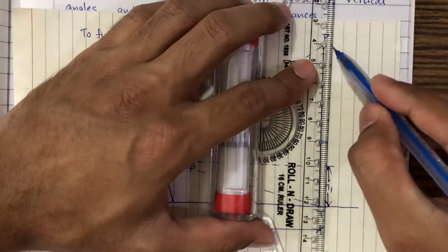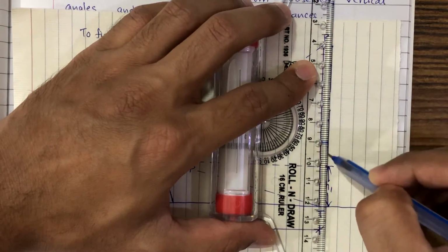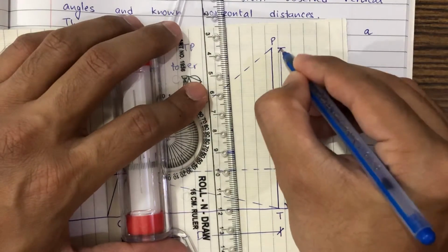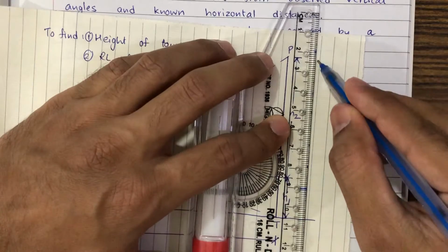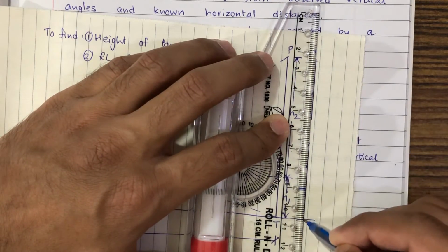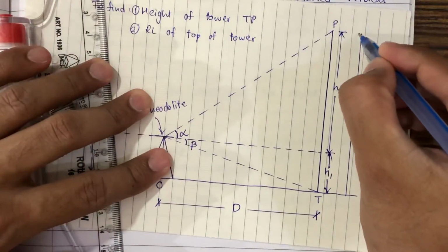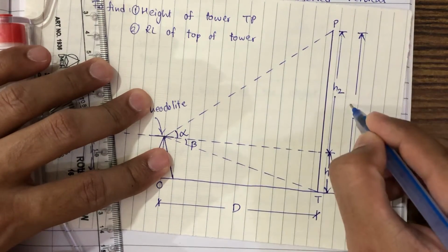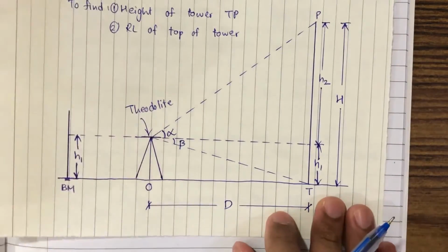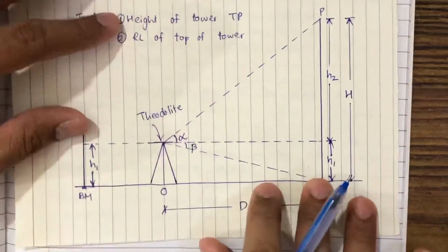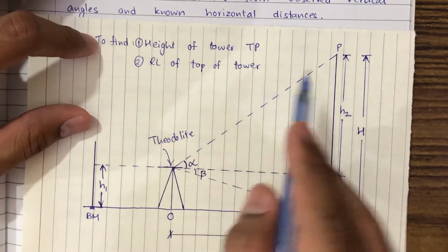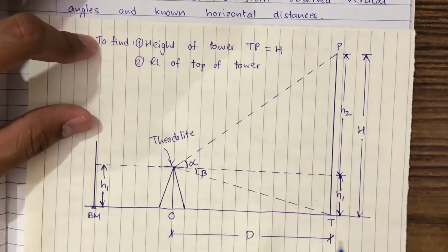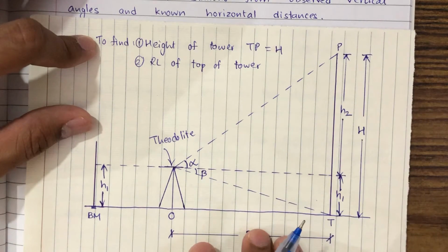Now, let this top reading be equal to H2. And the total height of the tower, let it be capital H. Based on these parameters, we have to find the height of the tower TP, that is H, and also the RL of the top of the tower, that is the RL of point P.